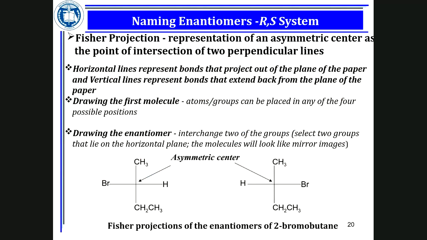So, drawing Fisher projection. Any question about drawing Fisher projection? Vertical line carbon chain. So you have your carbon chain in the vertical line, and horizontal line would be the other elements.